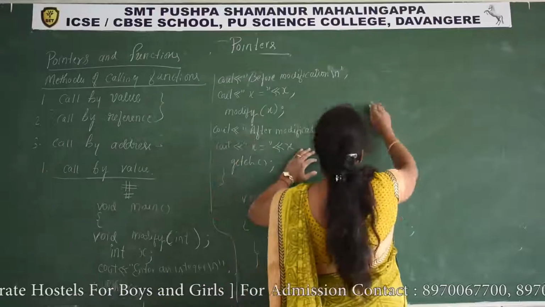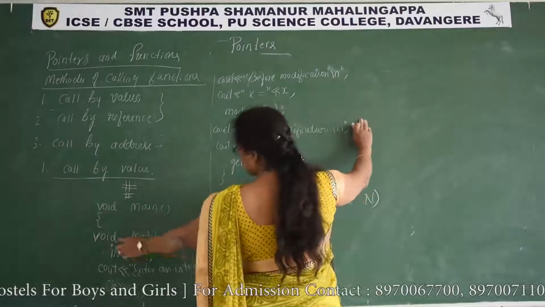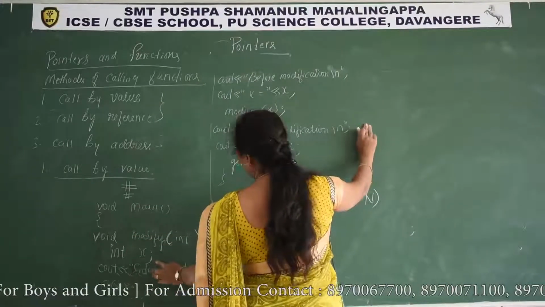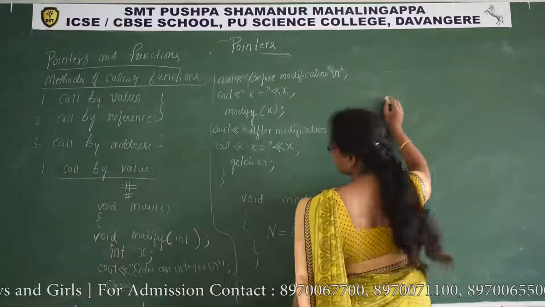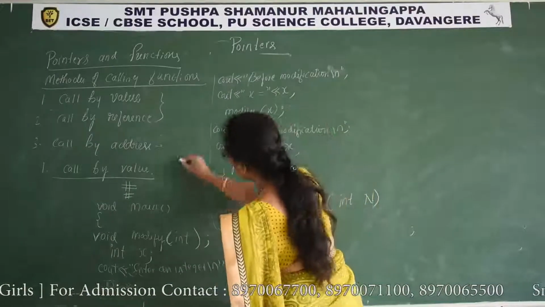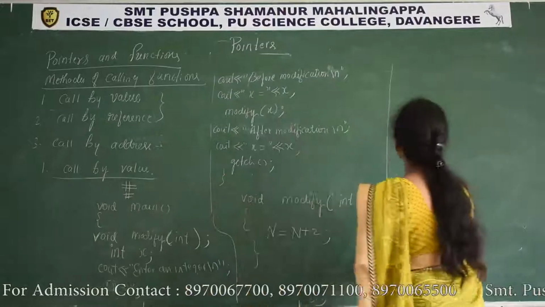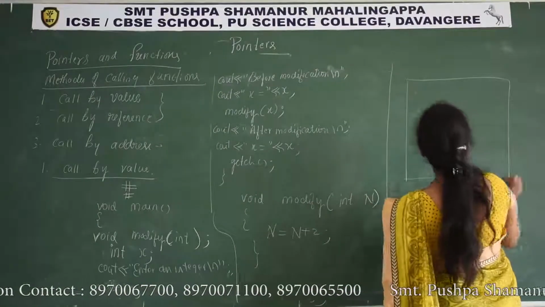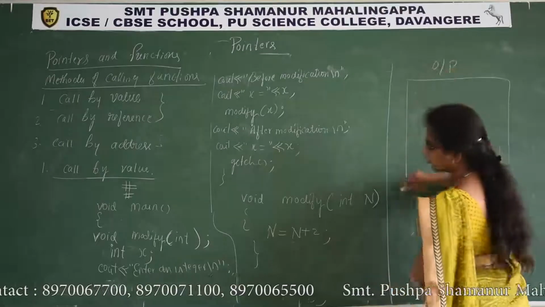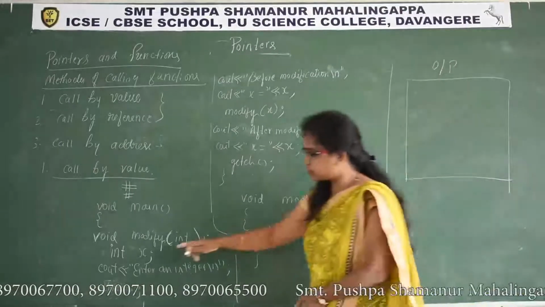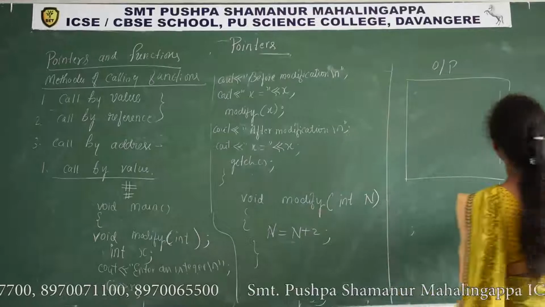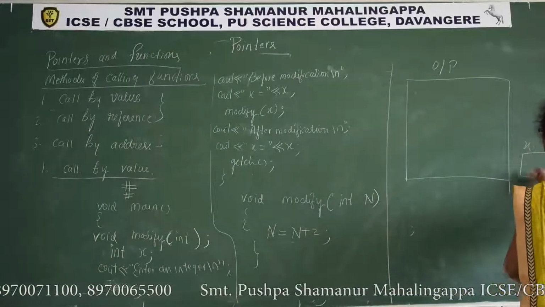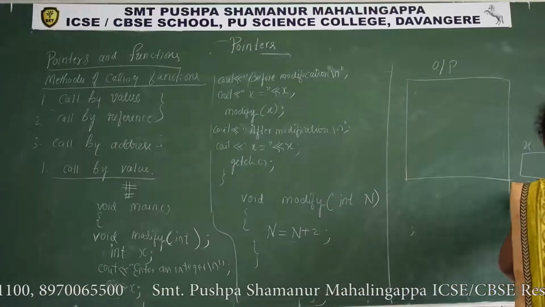Let us see here. When I write this instruction int x, what happens? Memory will be allocated for x. Let us consider this is the output screen. Memory will be allocated, and for x I'll take the address as 700.